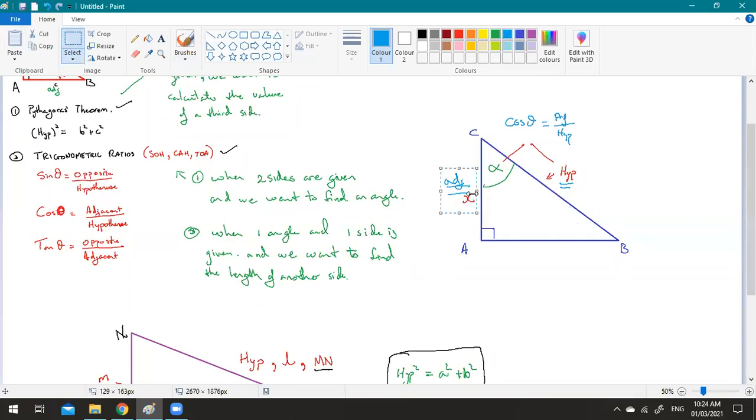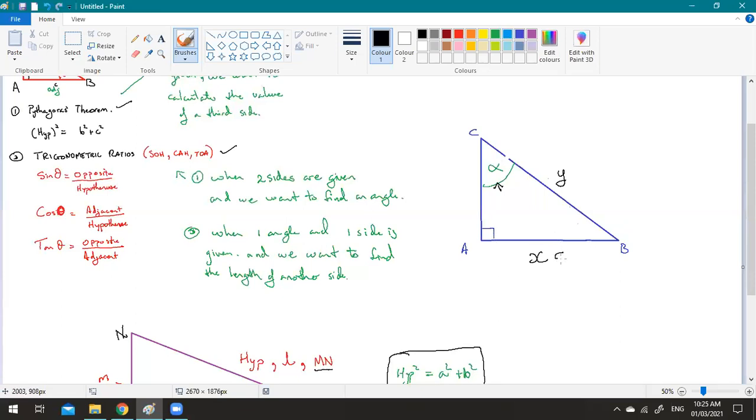All right, so we change it up a little bit now. If they give us x and y and tell us to find the angle, which formula are we going to use?